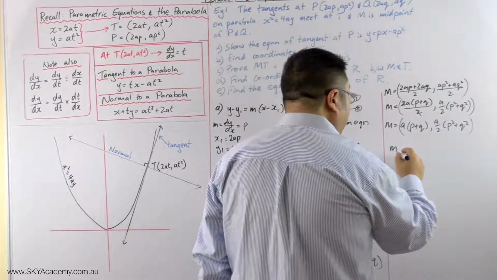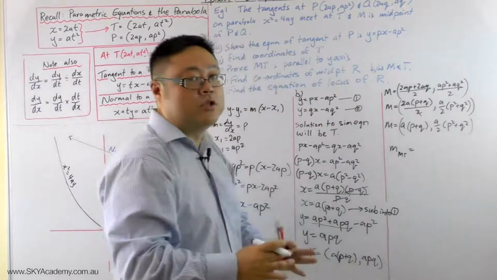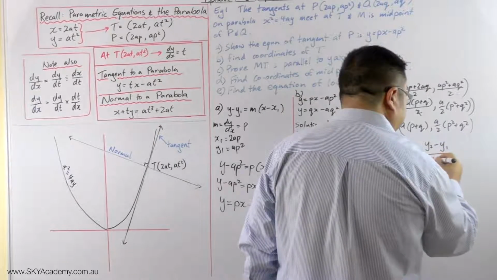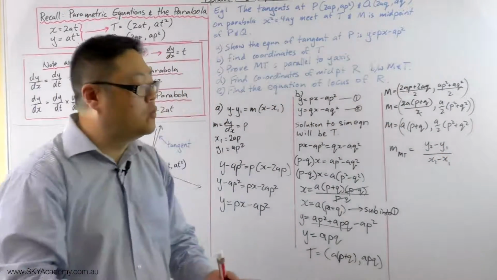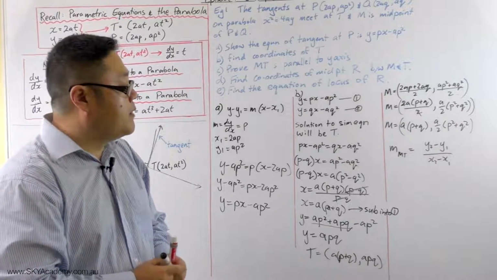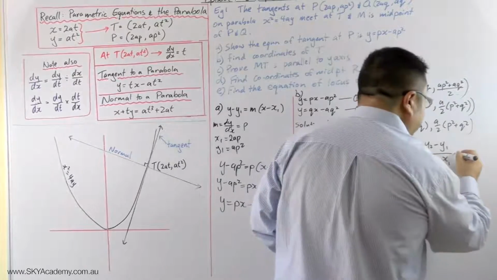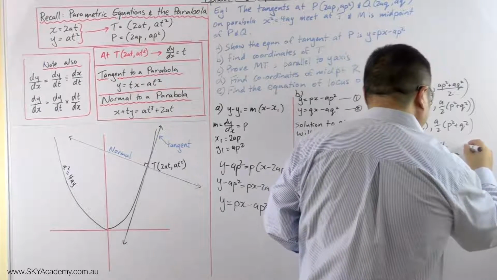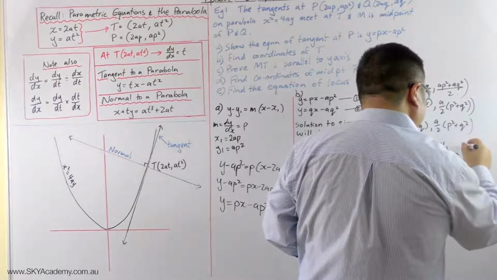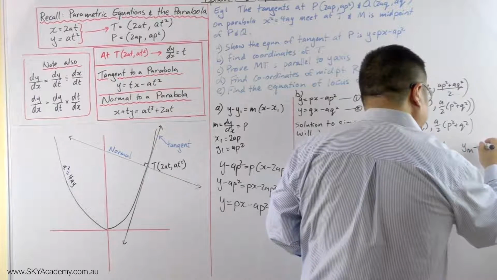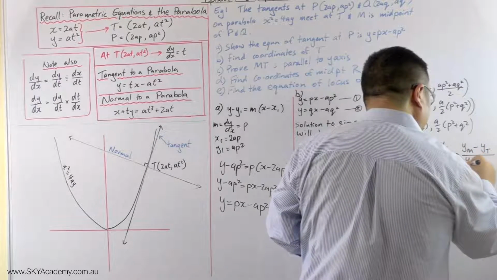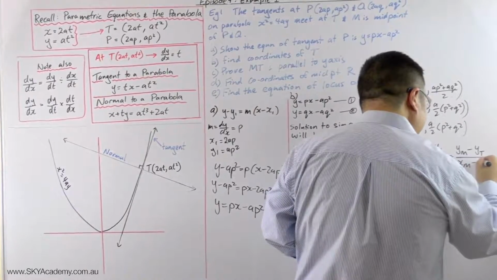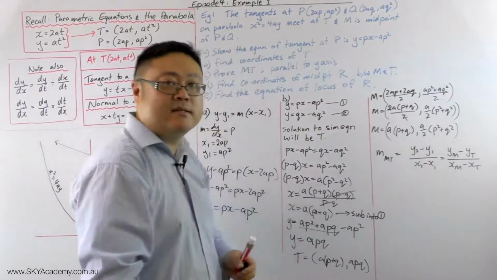So what we're going to do is use the gradient formula. So the gradient of MT is equal to essentially y2 minus y1 over x2 minus x1. All right, cool. Now, what we can do is use the coordinates of M as point 2. So it's the y coordinate of M minus the y coordinate of T, over the x coordinate of M minus the x coordinate of T. Does that make sense?